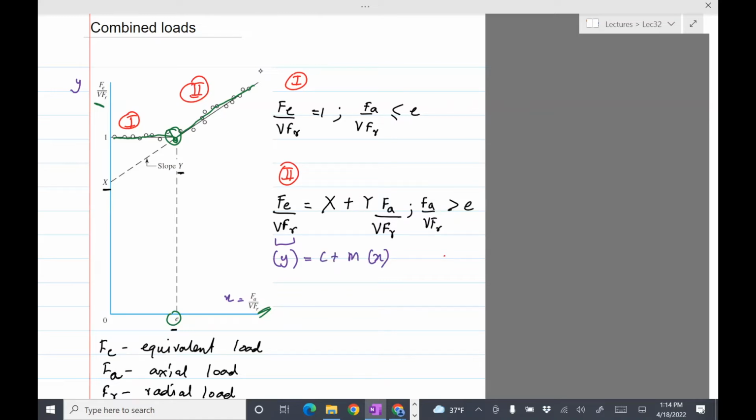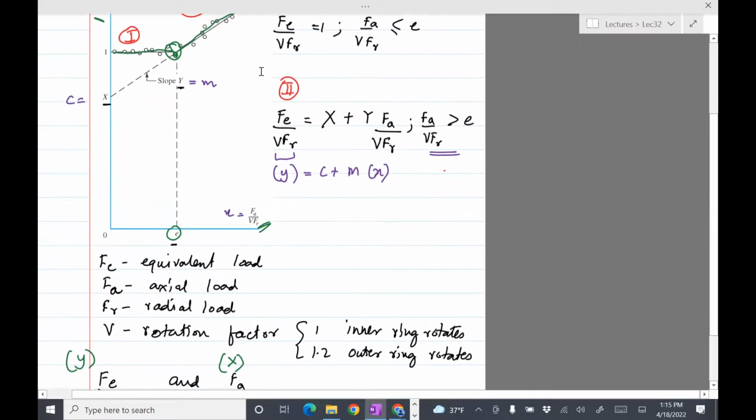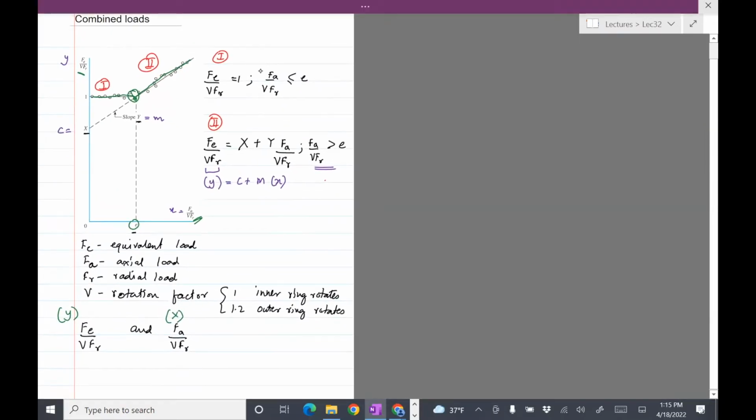So this is the intercept, and then the slope is m. Right? So y equals mx plus c is a well-known formula for the equation of a straight line, and that's only true when FA divided by V times FR is greater than e. Okay, so what you can do is you can actually combine these equations.